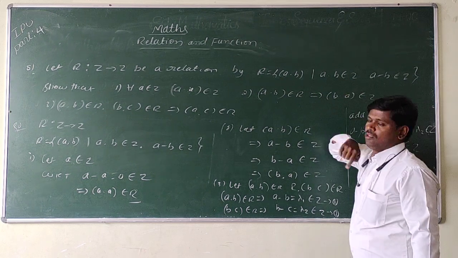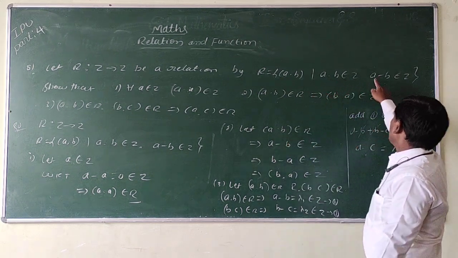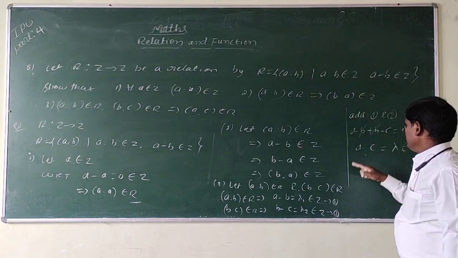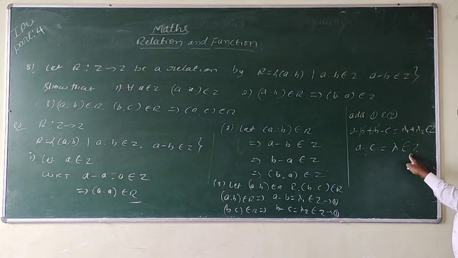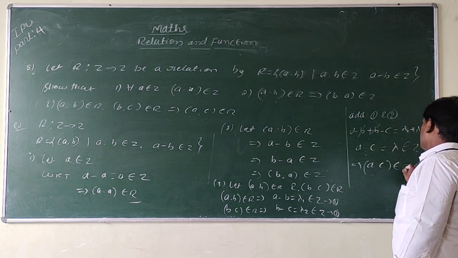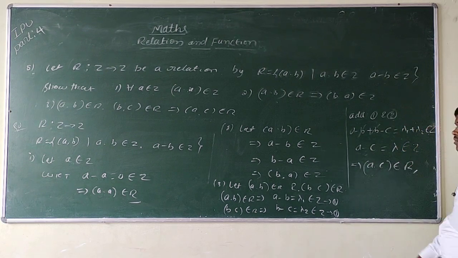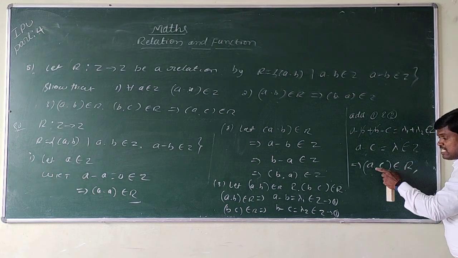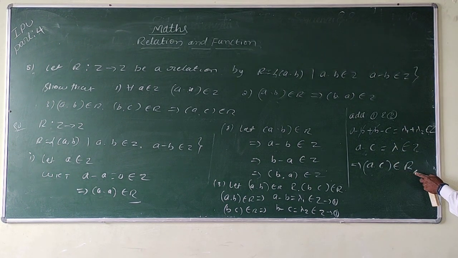Again with the definition, a minus b is an integer means (a, b) belongs to R. Similarly, a minus c is an integer, so this implies (a, c) belongs to relation R.